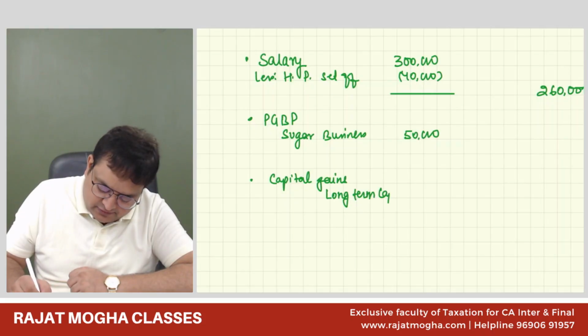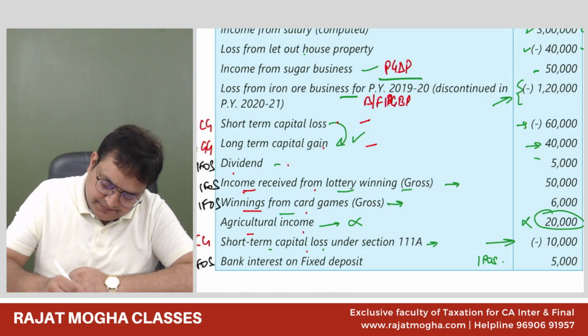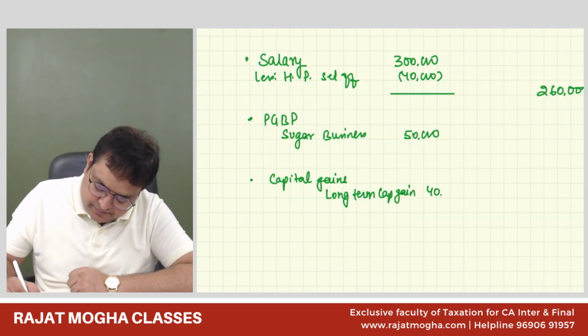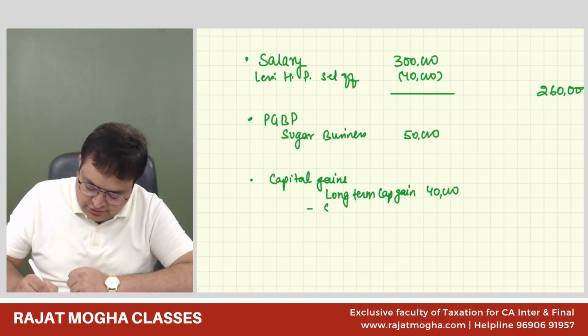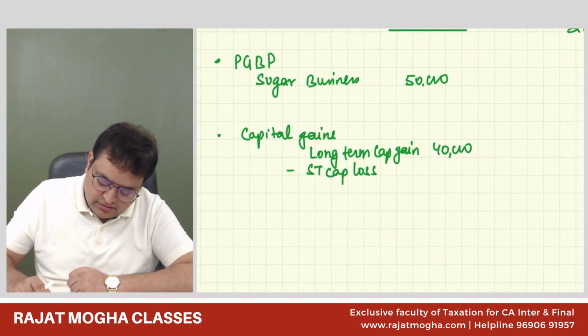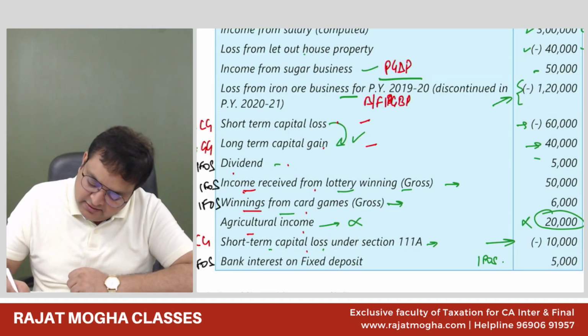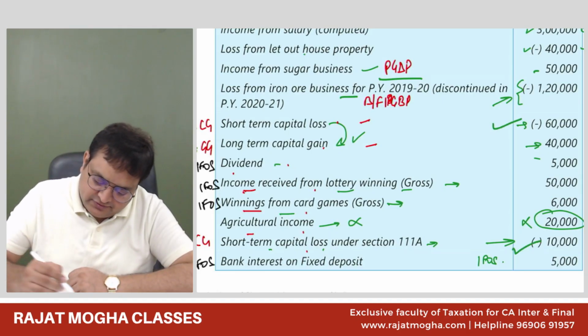Long-term capital gain 40, less current year short-term capital loss. So we have short-term capital loss 60,000 and 10,000.